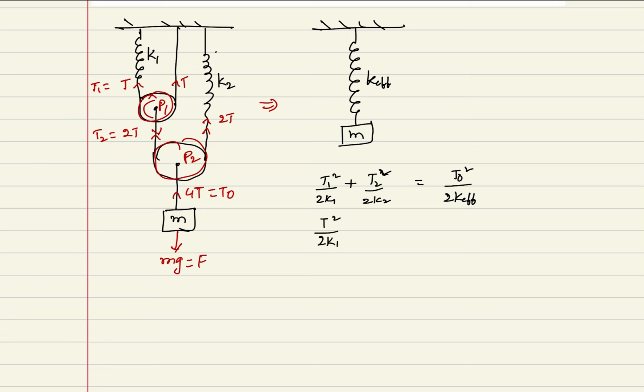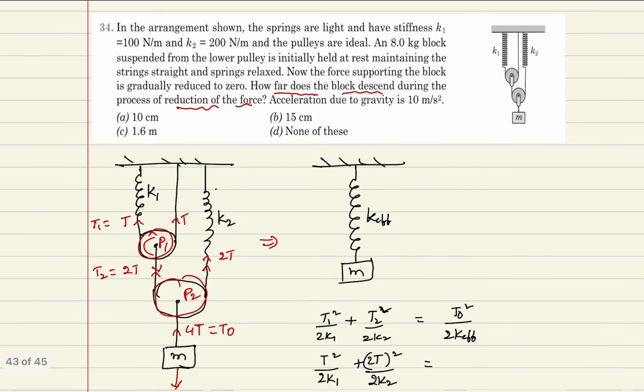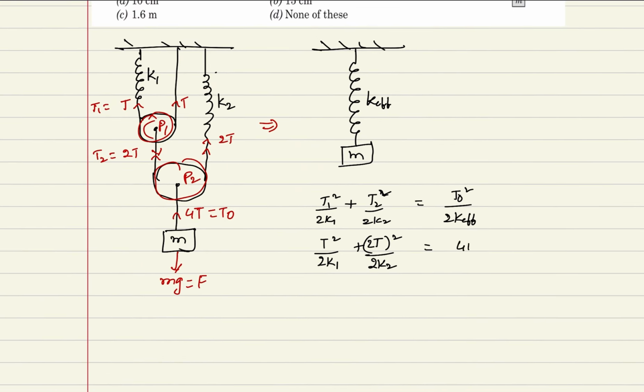T1 square value is T square divided by 2K1 plus T2 square value is (2T) whole square divided by 2K2. That value is equal to T0, which is 2T plus 2T, that is 4T here: (4T) whole square divided by 2K effective.